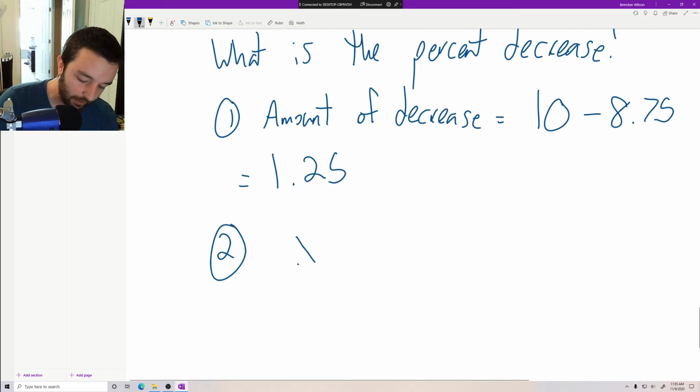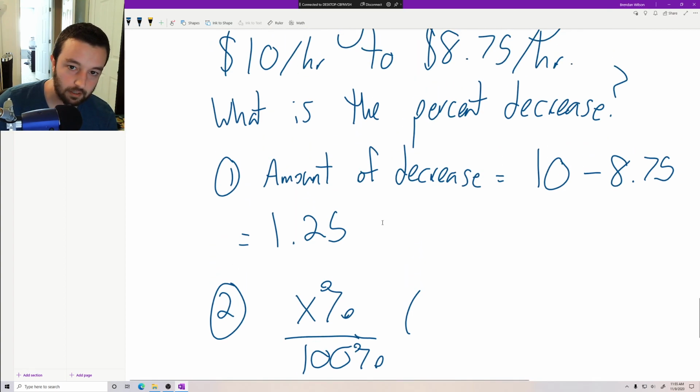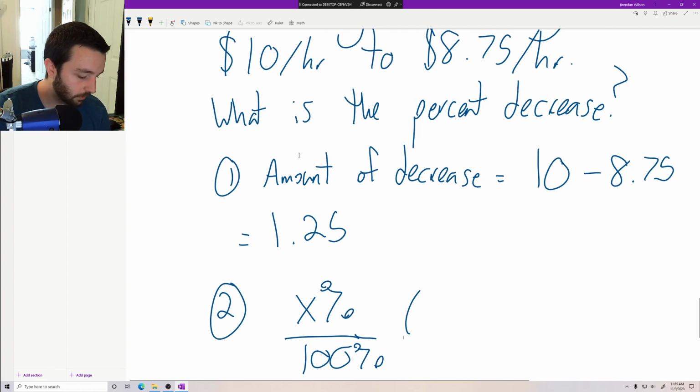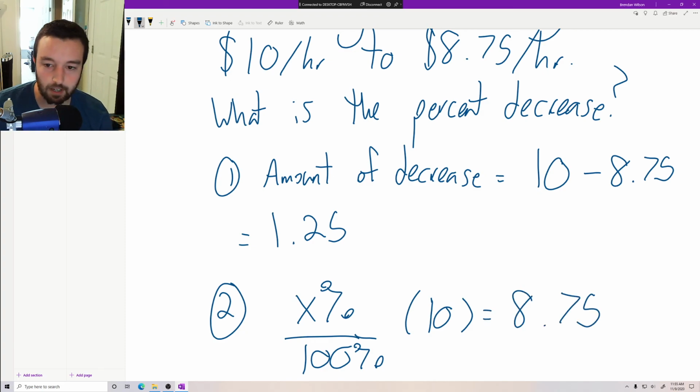And then two, we say, okay, X percent, well, we would divide by 100, right? X percent divided by 100% so that we make it a decimal, times the original amount, which is 10 in this case, is equal to 8.75.